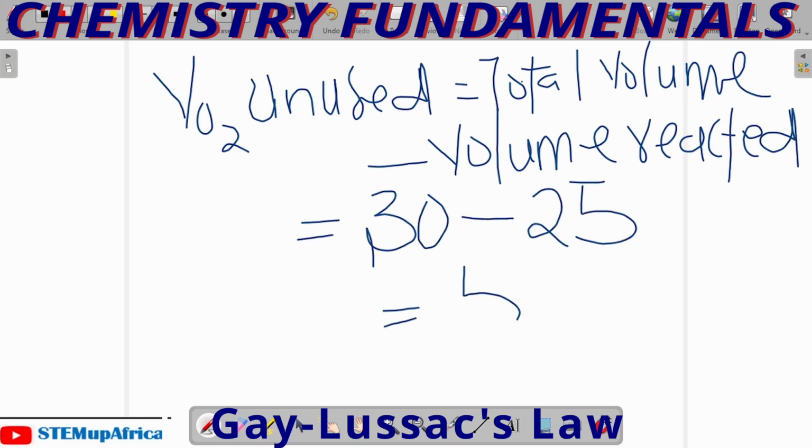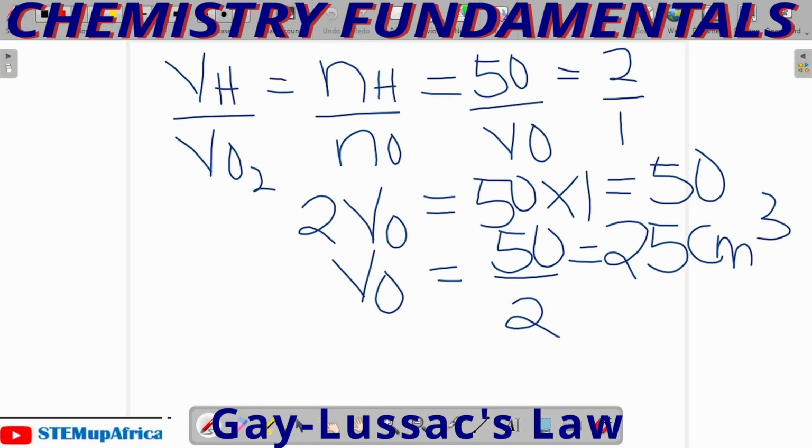So the volume of unused oxygen is simply 5 cm³. This formula might be new to some of you, the formula of Gay-Lussac. You can use it to calculate any gases involved, irrespective of the question. So always adopt this formula to make calculation easy for you.